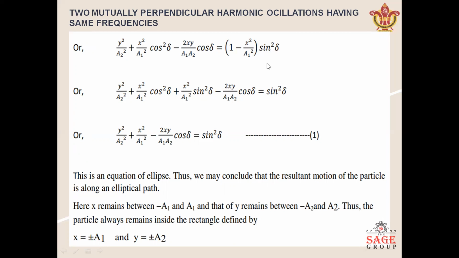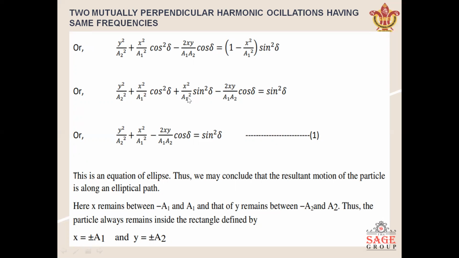Now by rearranging, we can also write this equation like this, where y square upon a2 square plus x square upon a1 square cos square delta plus x square upon a1 square sine square delta minus 2xy upon a1 a2 into cos delta is equal to sine square delta. Now we can take x square upon a1 square common from these two terms.